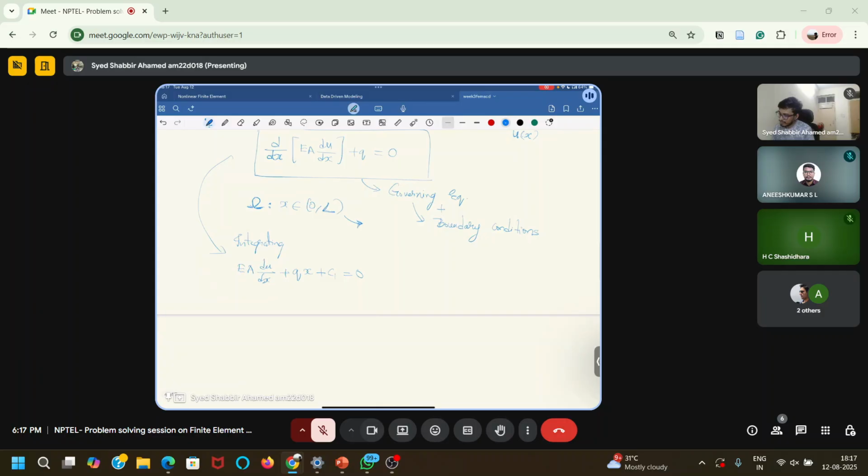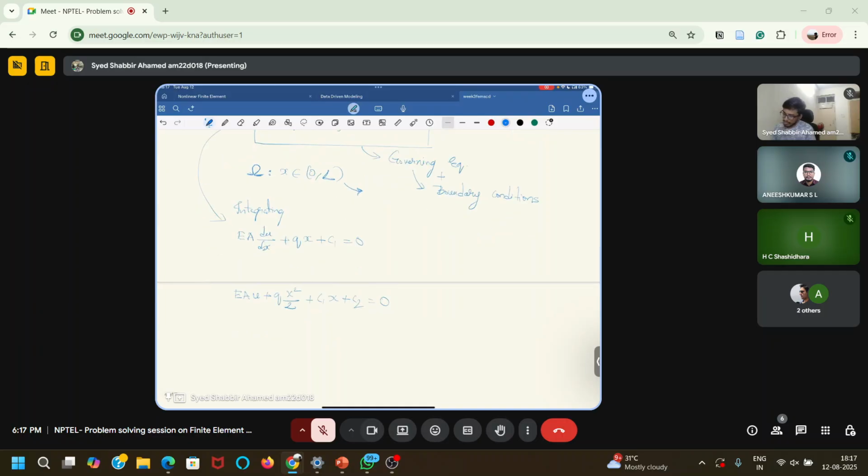Now again I'll integrate this because this is still du/dx. I want u, the solution which I want to find out. So I will again integrate this. Now I will get q x² plus C1 x plus C2 equals 0.